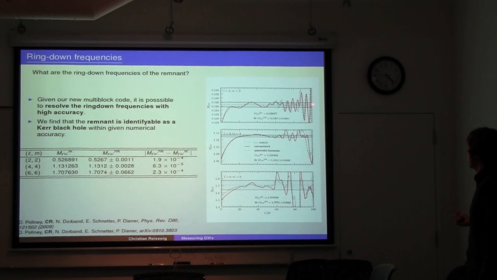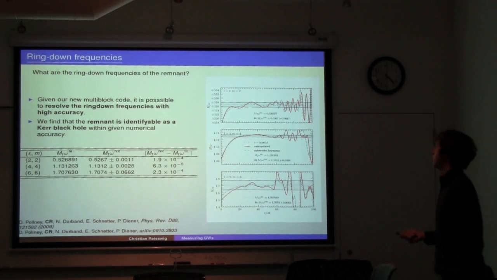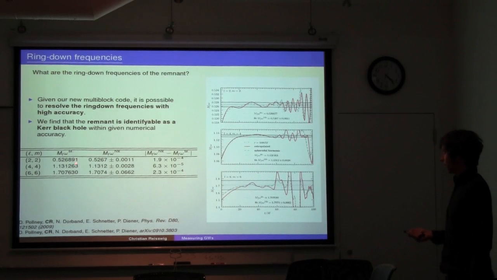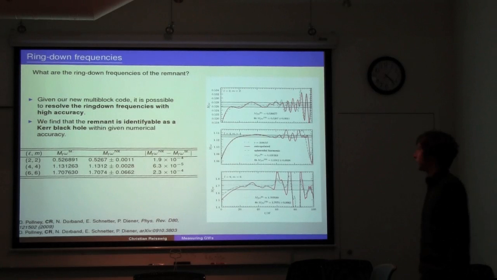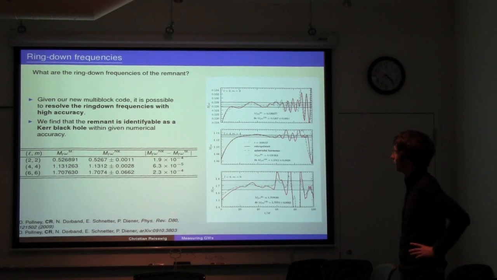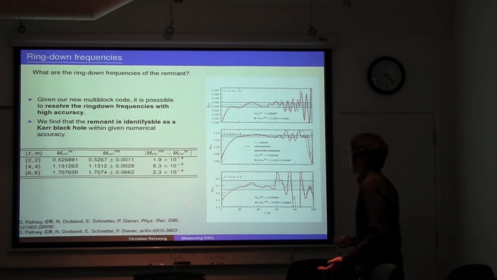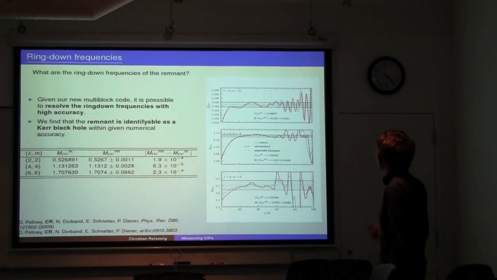This is a zoom-in for the L2, M2, L4, M4, and L6, M6 modes, and we have fitted these lines and found a remarkable agreement, within our numerical accuracy, which is given here by these numbers, to the quasi-normal modes that we find in the literature, especially the ones given by Berti et al. This one Berti paper. And so we can say that within our numerical accuracy we can identify these modes.